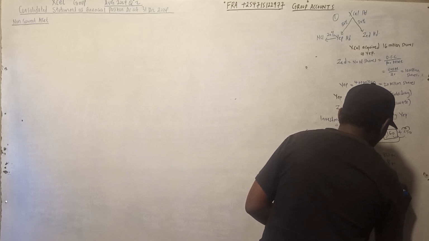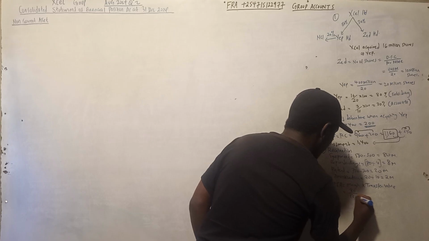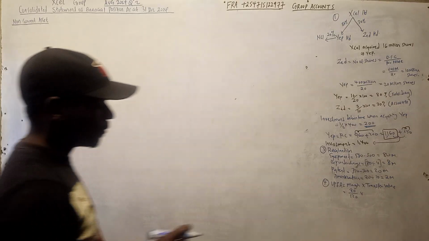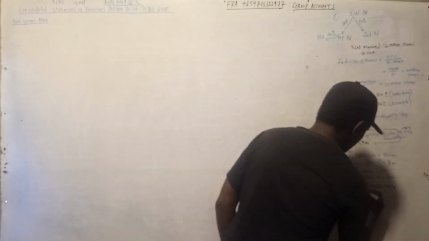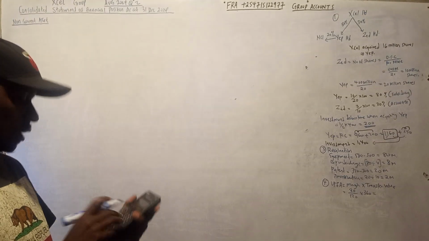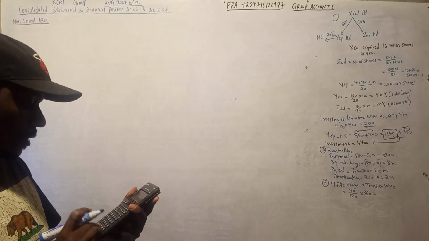In this case, our markup is 20%, meaning our margin will be 20 over 120, which is 100 plus 20. Then you multiply with the transfer value, which is 360. So that will get the value of the UPFA. UPFA, that is 20 divided by 120 times 360. That is 60.